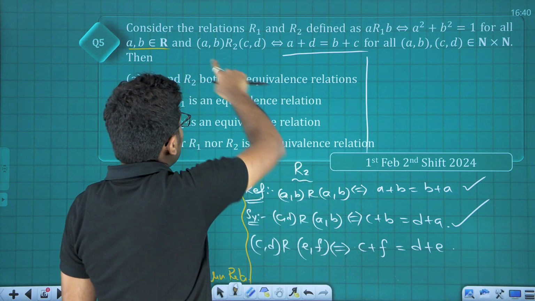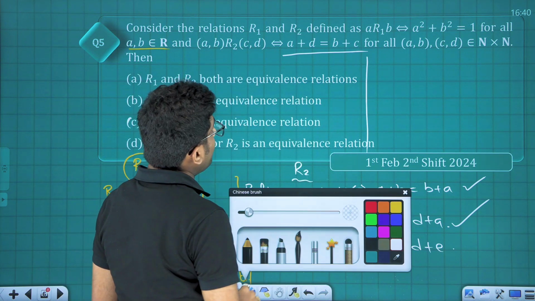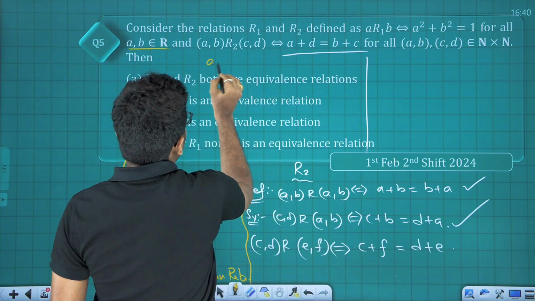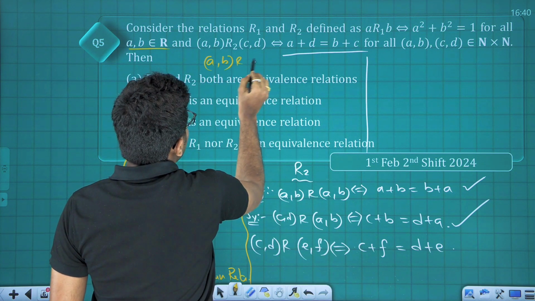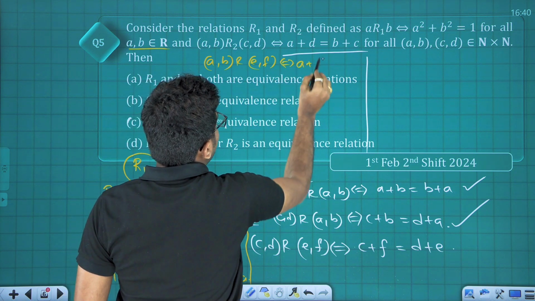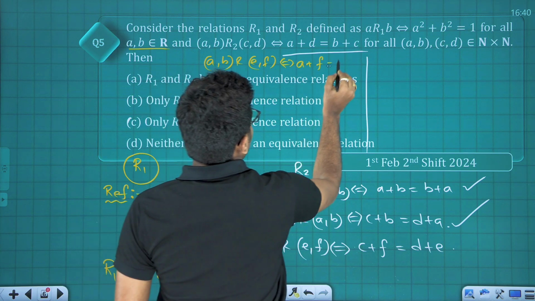And we also have (a, b) related to (c, d) means a + d = b + c. Actually what we need is (a, b) related to (e, f), for which we have to get a + f = b + e.